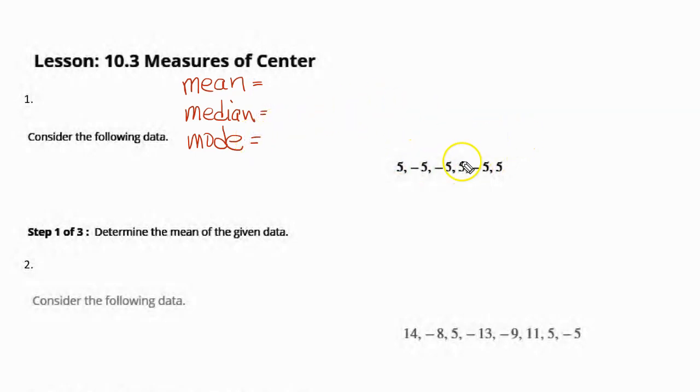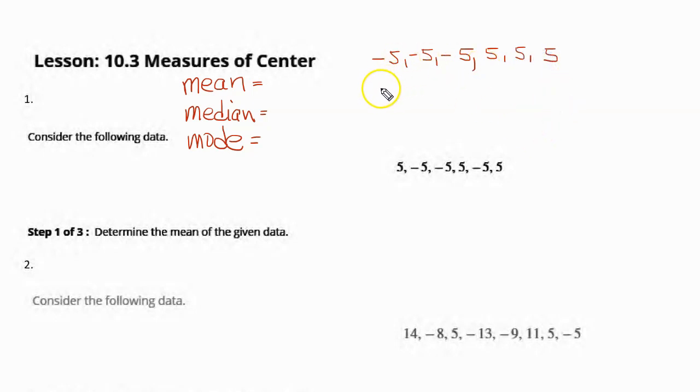And then we'll have questions about this, but basically this is not in order, but if you write these out in order, that'll be a -5, a -5, a -5. There's 3 -5s, and then we have a 5, a 5, and a 5.